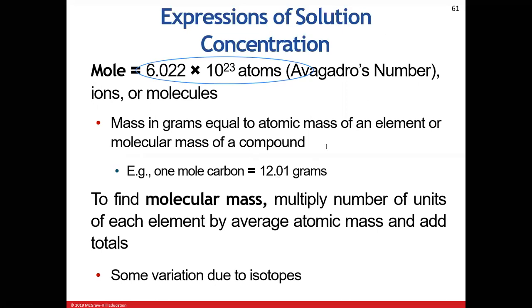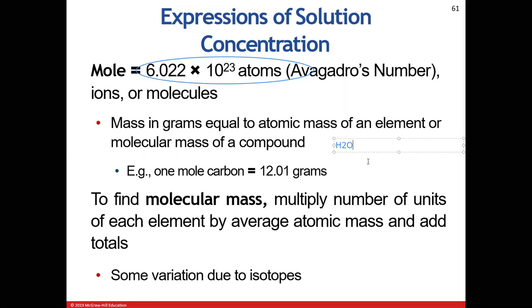But let's say, for example, we have H2O, and I apologize, I don't have subscripts easily accessible. The easy way to do this, and I'm going off memory here, is that hydrogen has an atomic mass of roughly 1, and oxygen has an atomic mass of roughly 16.